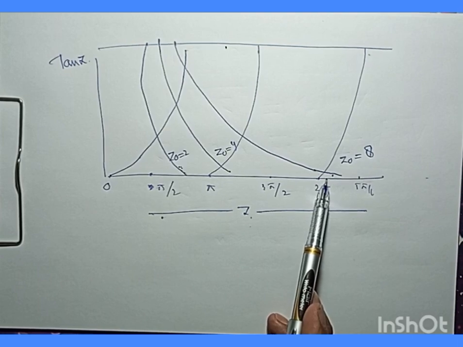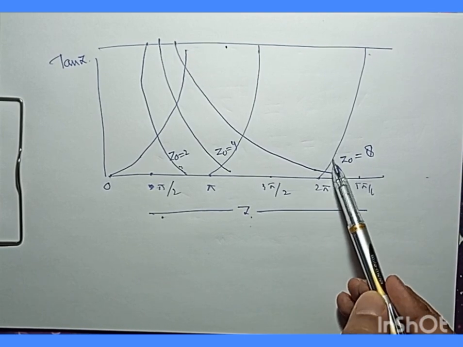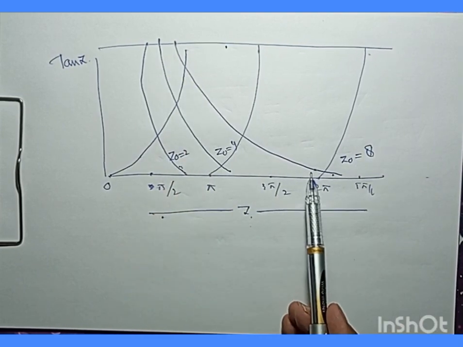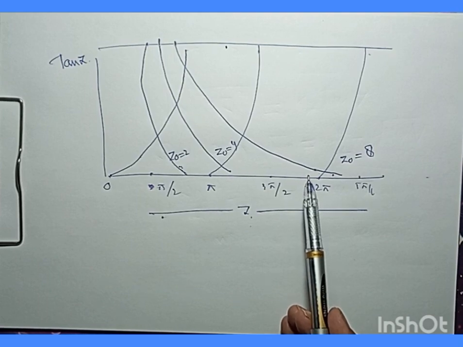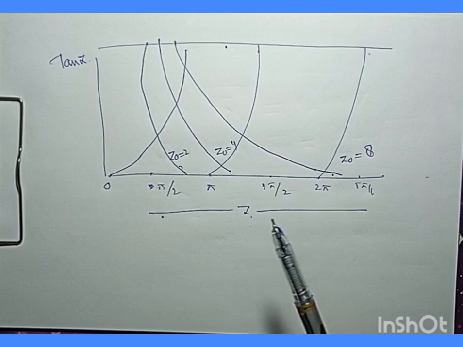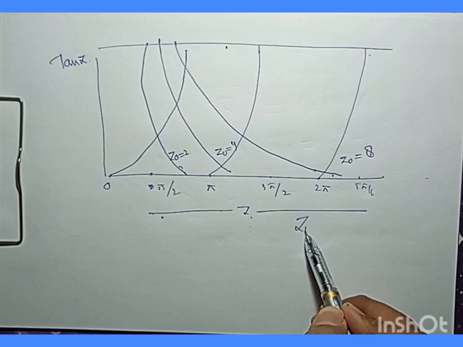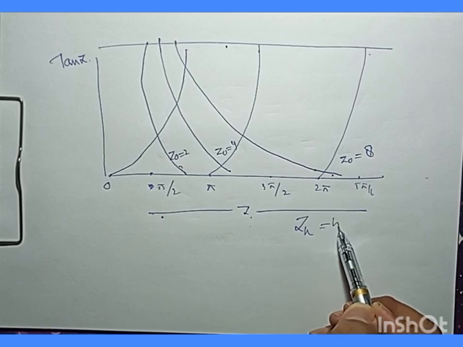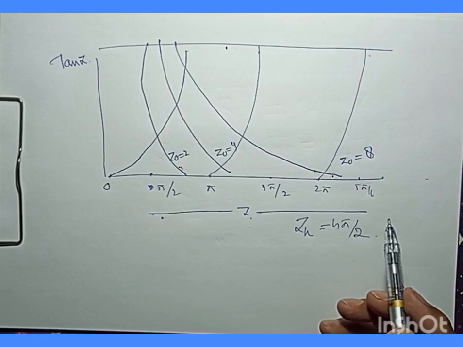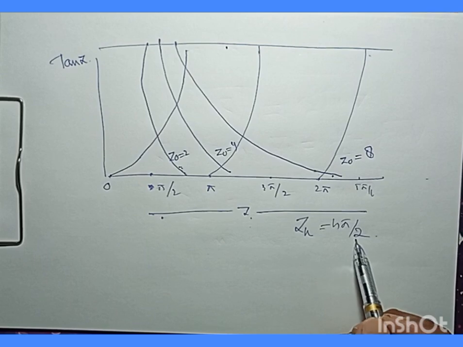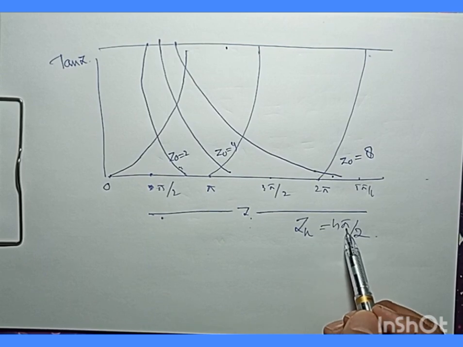I mean, the intersection between this line and this line occurs just slightly below what we define as z n equal to n pi by 2, with this n being an odd number.